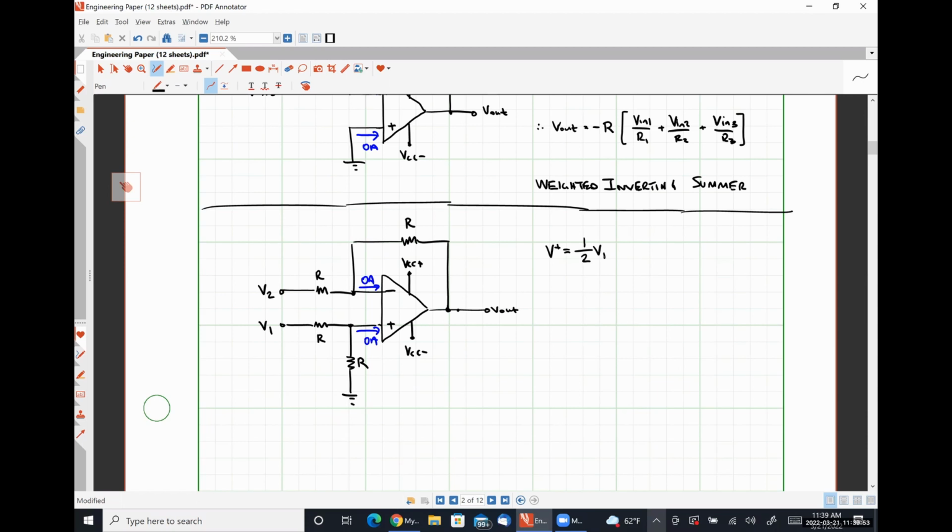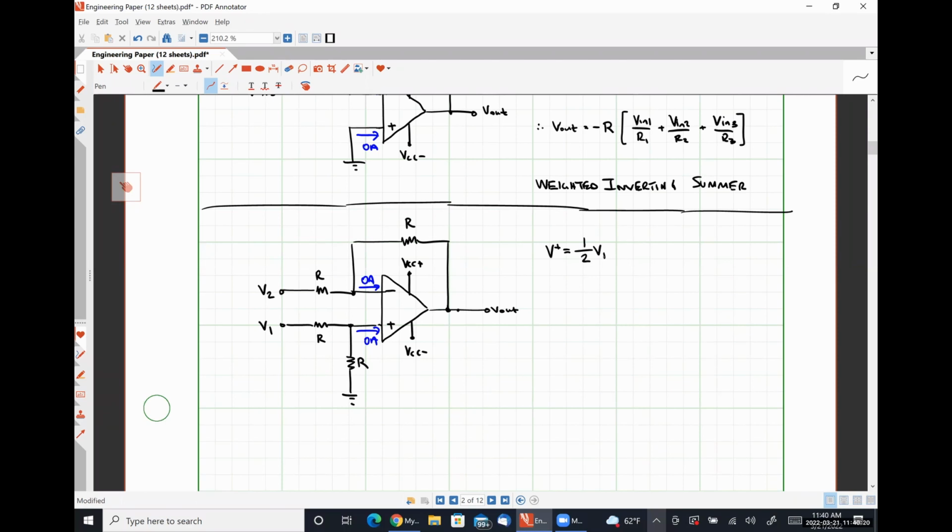Yeah. So applying Kirchhoff's current law, any current leaving the positive polarity terminal of this voltage source V1 would flow through this resistor R, and then all of that current has to flow through this resistor R because none of it can branch off. So V1 would be equal to I times 2R.